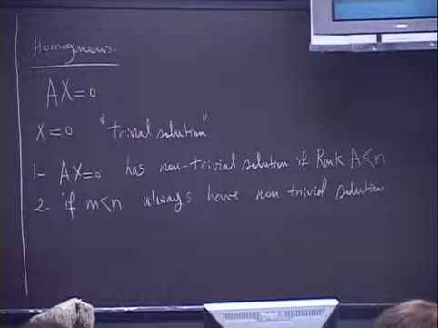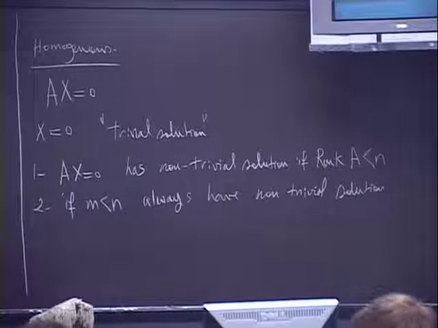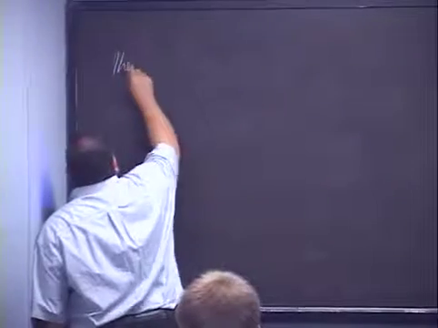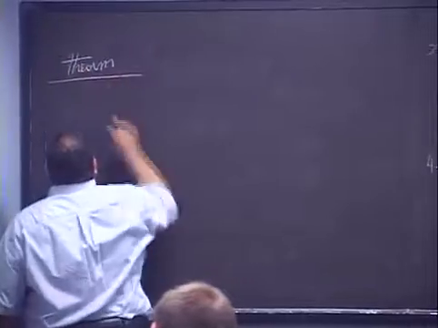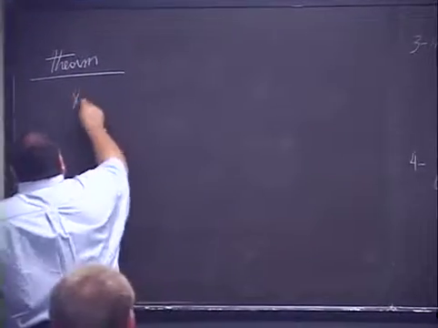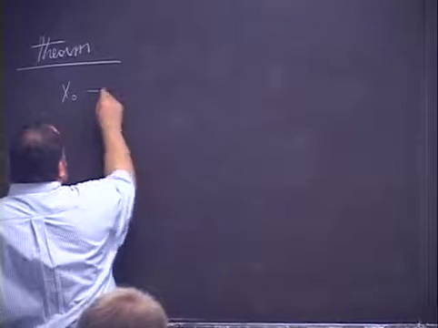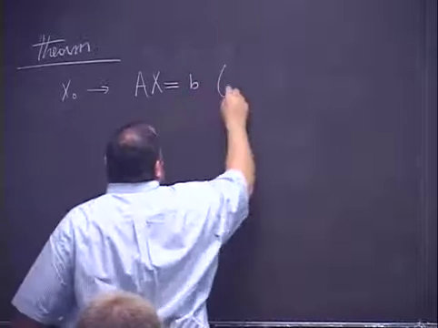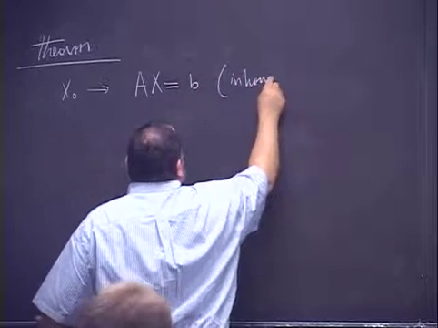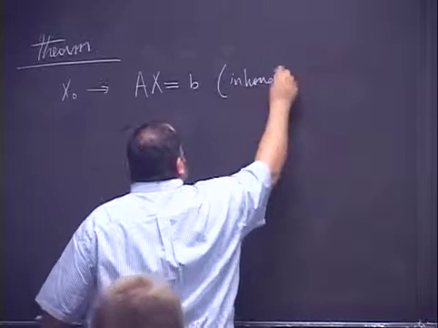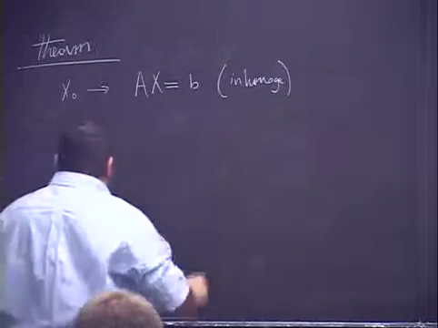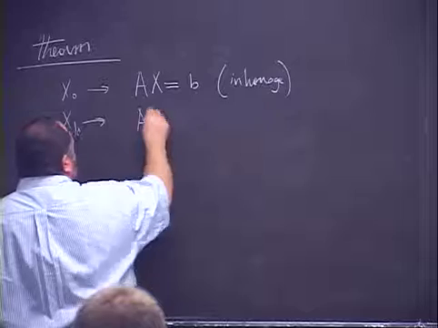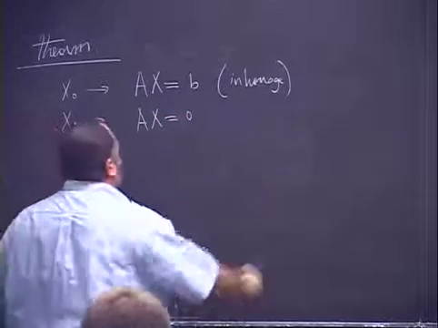The other theorem that we will be discussing here states that if x naught is the solution for the system AX equal to B, which is inhomogeneous, and Xh is the solution for the homogeneous equation AX equal to 0.